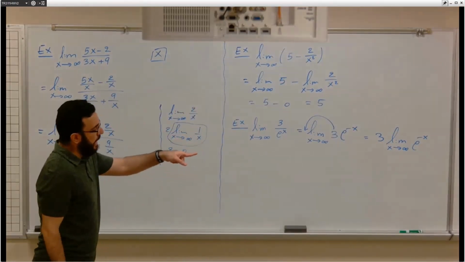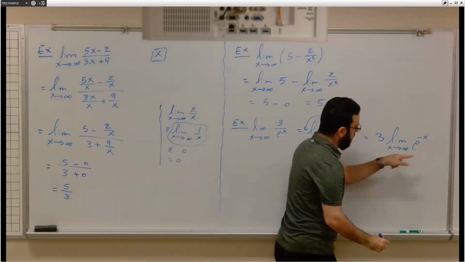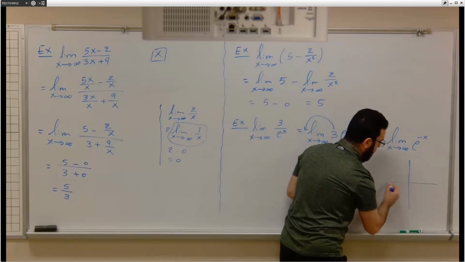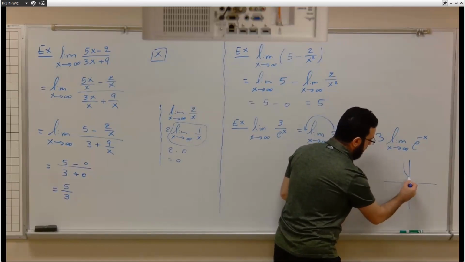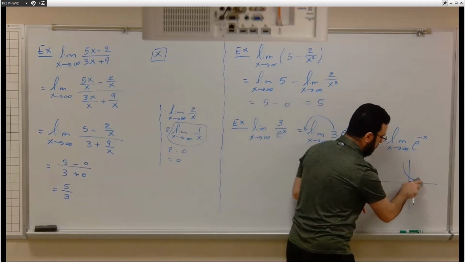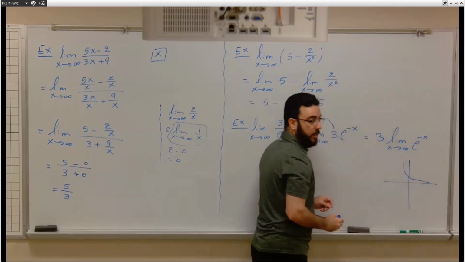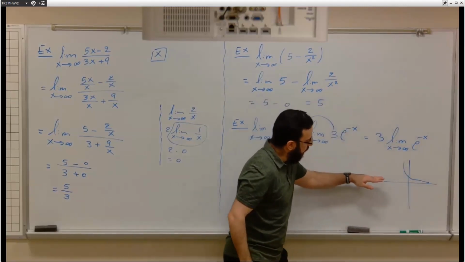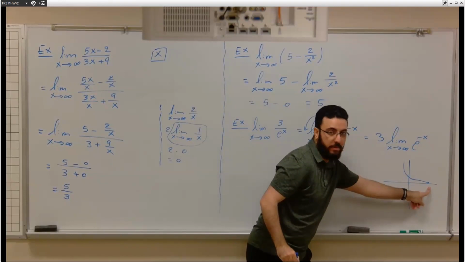If you check the graph of e to the x, the graph for this function looks like this. So when x approaches infinity, the limit for e to the negative x approaches where? To 0.